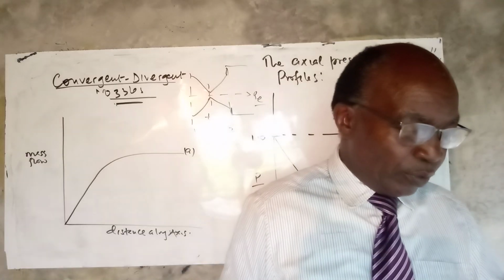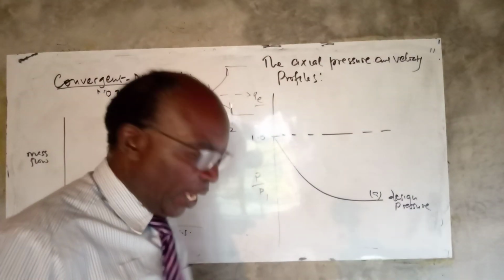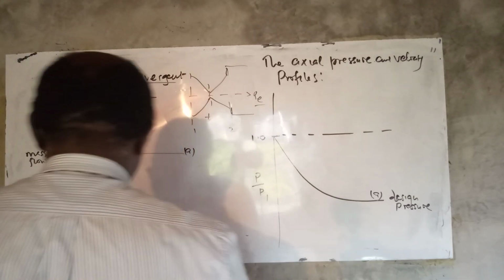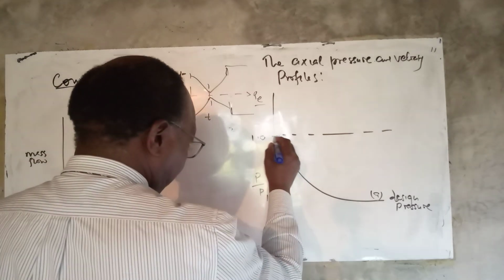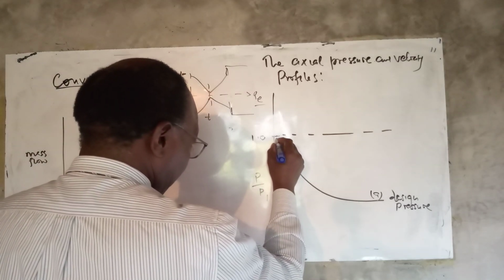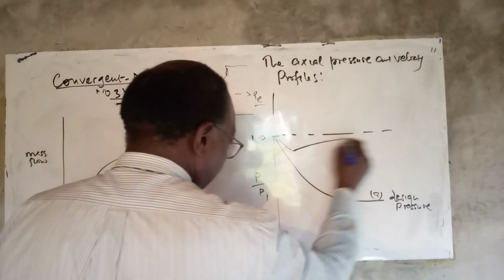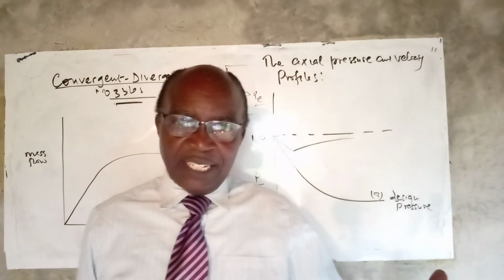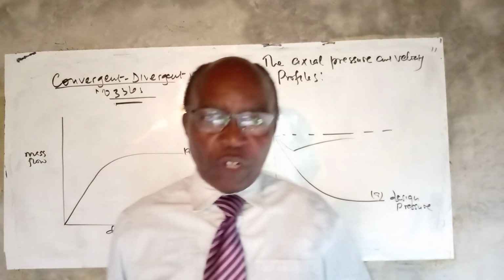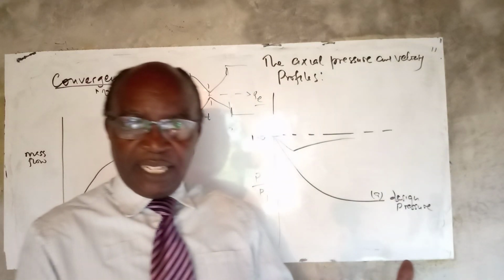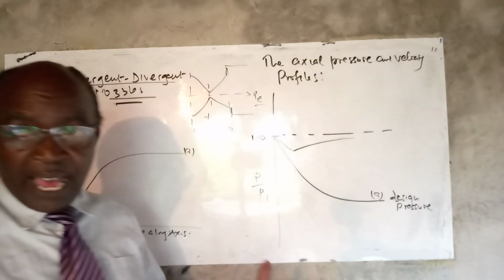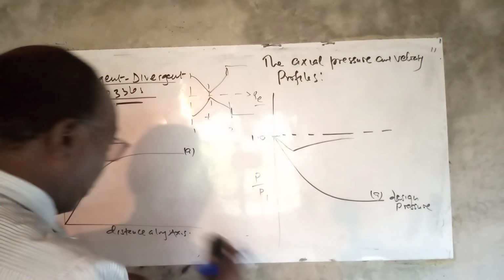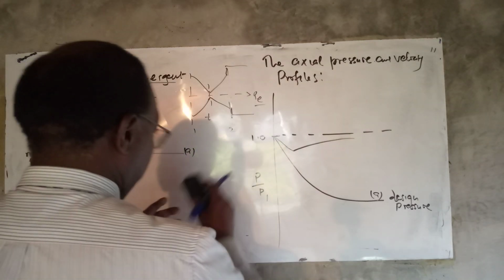Remember, as we lower the pressure, there will be increase in velocity. So if we have that particular point, there will be increase in velocity, and then that diffusion. In other words, we will have the convergent duct acting like a subsonic nozzle and the divergent duct acting also like a subsonic diffuser.